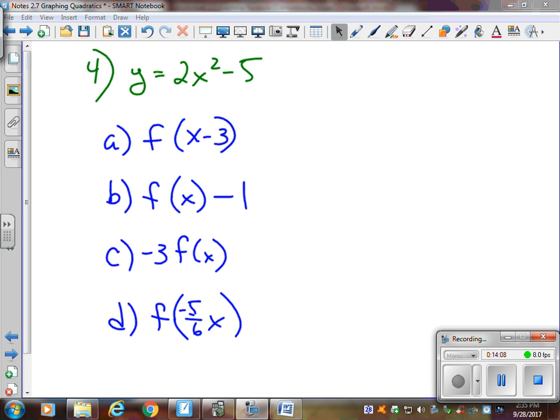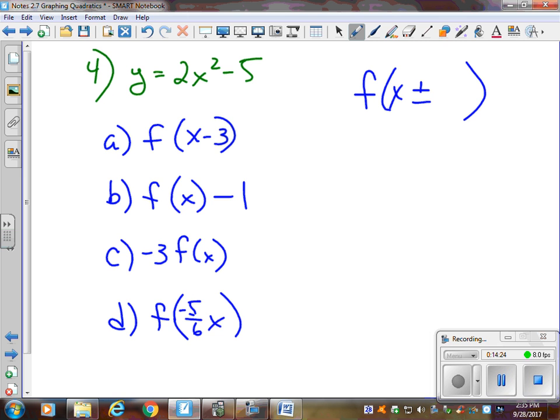All right, so when you graph a problem, you can see it's very difficult to figure out where do I put the parentheses. Does it go on the outside? Does it go on the inside with what I have here? So let me show you a couple of rules here. When you have f of x with plus or minus inside, it's going to go left or right. And you just look at it and think the opposite of what you have.